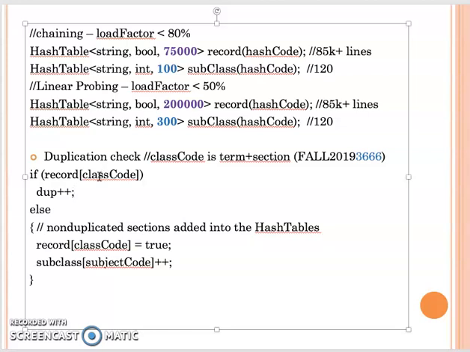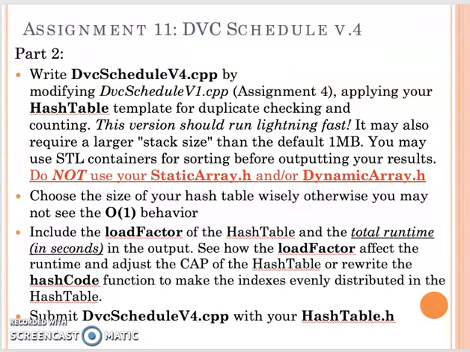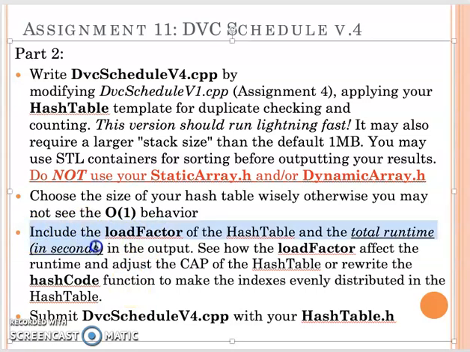Okay, but this assignment is not that easy. The duplicate check is easy, but what I want for this assignment is for you to pay attention to the runtime. For assignment part 2, I'm expecting your runtime to be just a couple of seconds.